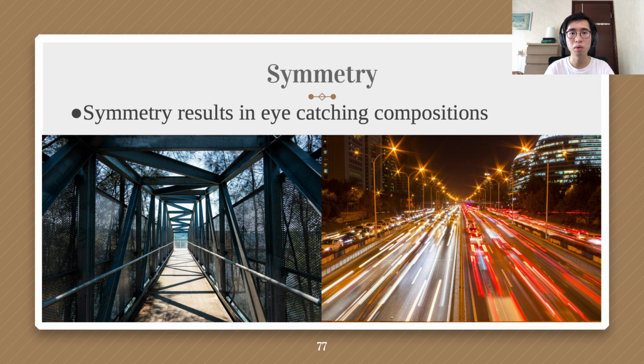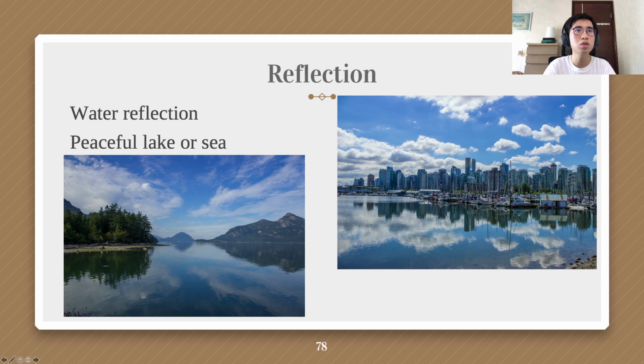But it doesn't mean that you must use the techniques I talk about. You can choose to use them or not, but they may help you to deal with your composition.